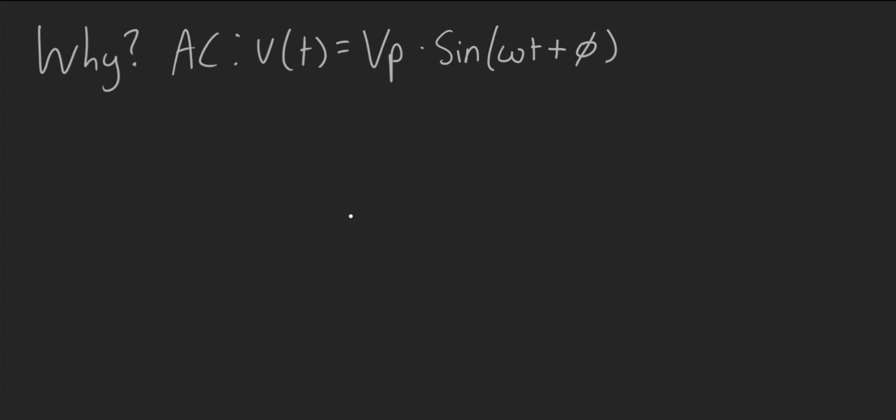So by using complex numbers, we can represent this in phasor form. So here we have a voltage phasor equal to the peak voltage with the phase angle of the phase shift. So by converting this into a phasor using complex numbers, we eliminate the time dependency of this formula, and we also conveniently observe the phase shift. So that's a polar form example. Let's consider a rectangular form example.